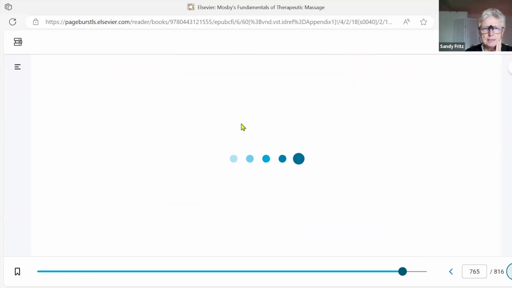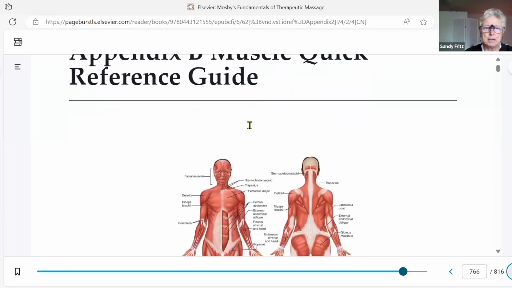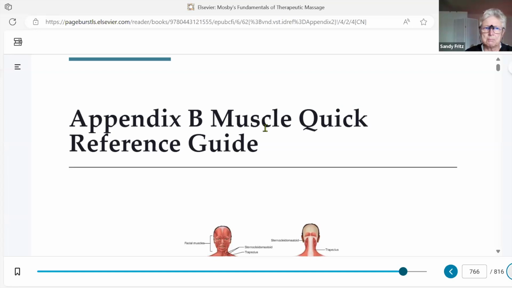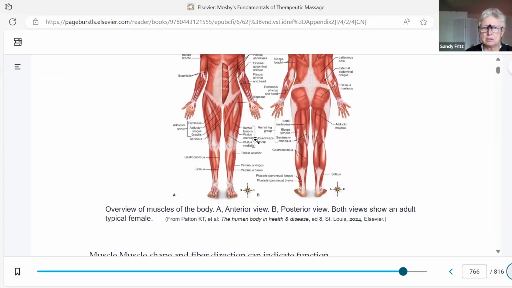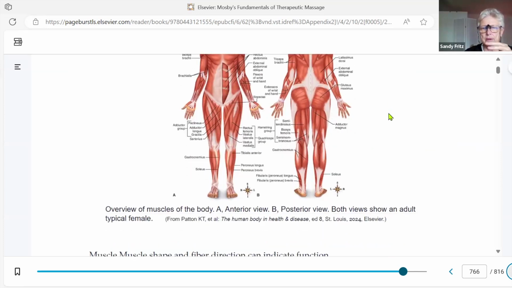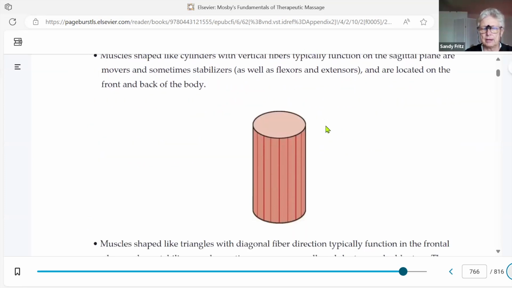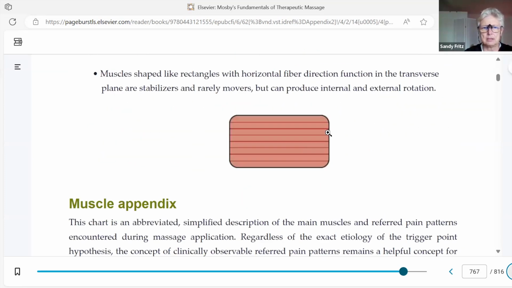Another appendix that is here in the textbook that is helpful, although not directly related to indications and contraindications, is a quick muscle reference guide. Especially if you're looking at that functional mobility outcome, or if you're looking at a particular pain pattern or a referred pain pattern, this is helpful for a quick, concise study.